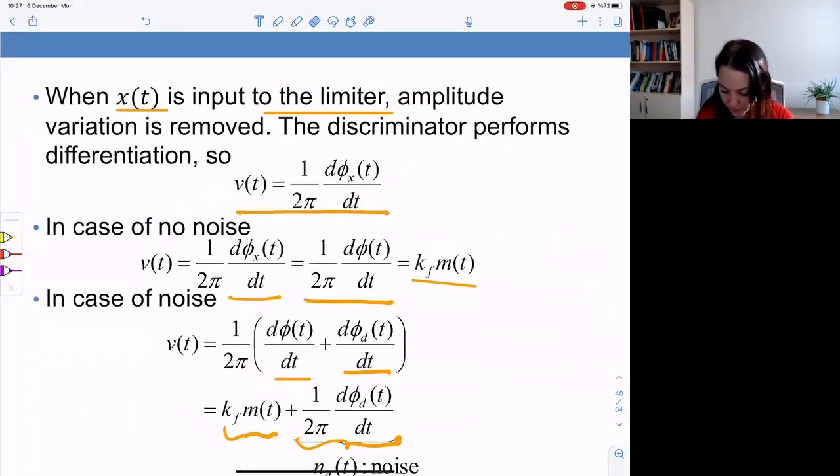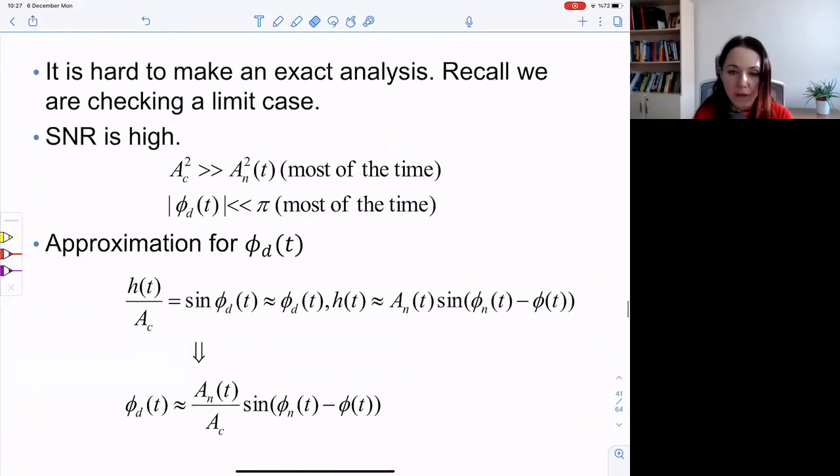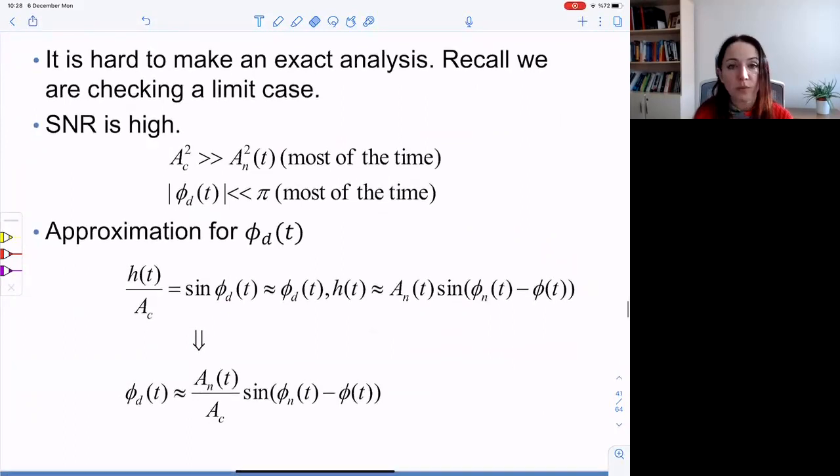But then, what is phi d? We need to make an approximation for phi d in terms of the other known parameters.